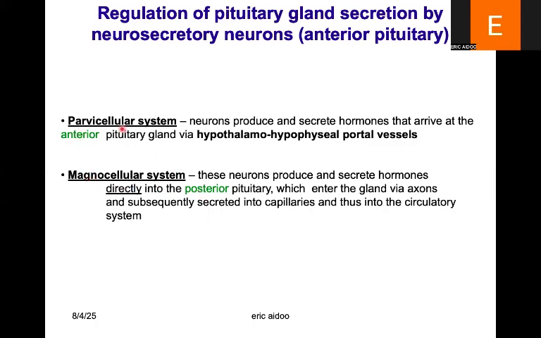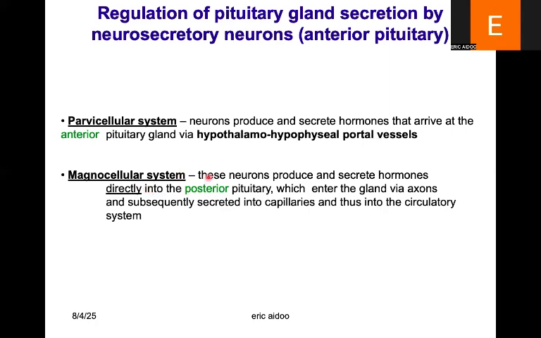The parvicellular system, whose destination is the anterior pituitary, secretes into a blood vessel, the hypothalamo-hypophyseal portal vessels, before the hormones reach the anterior pituitary. Unlike the magnocellular system, where the neurons produce and secrete hormones directly into the posterior pituitary along their axons, so they don't interchange with a blood vessel to send it to the destination.